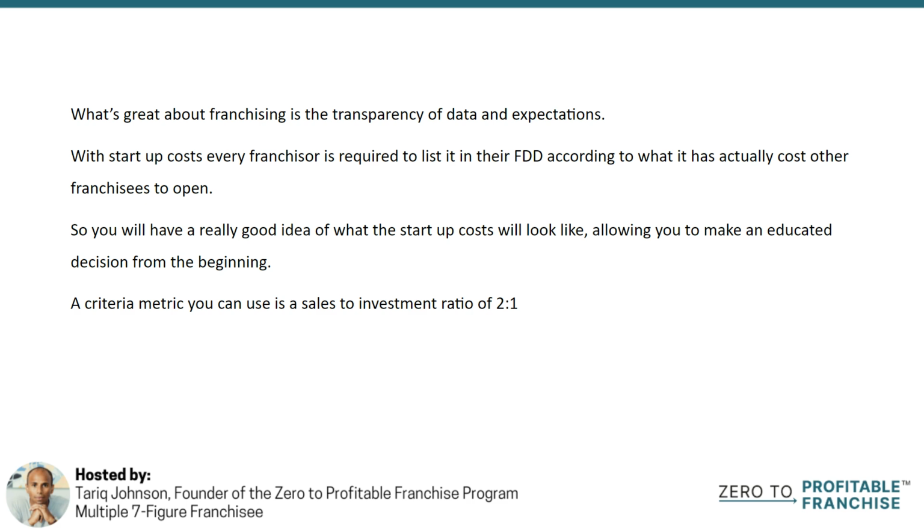So a criteria metric that you can use as a baseline, this is not the rule of thumb, is you want to look for something that has a sales to investment ratio of 2-to-1 or higher. So what do I mean by that? Meaning for every $1 in startup costs, you'll want to see at least $2 in gross sales.